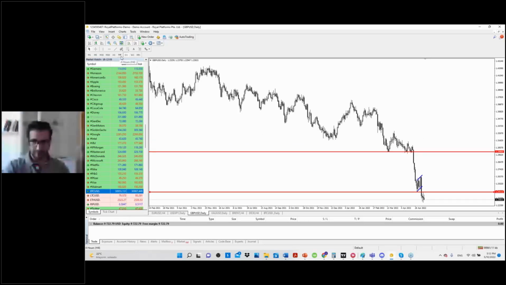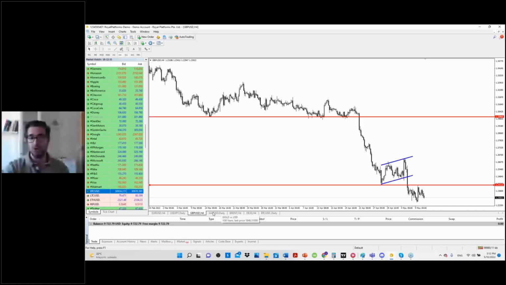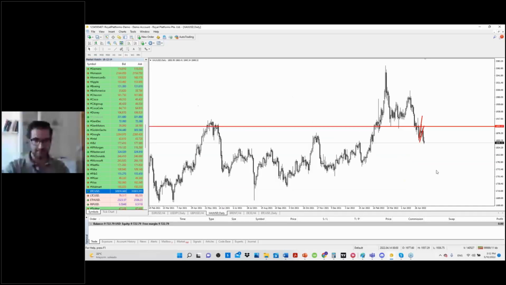Next, let's cover the gold asset. The gold was moving to the upside on the daily time frame, higher highs, higher lows, and then as you can see here, we have a change of direction.